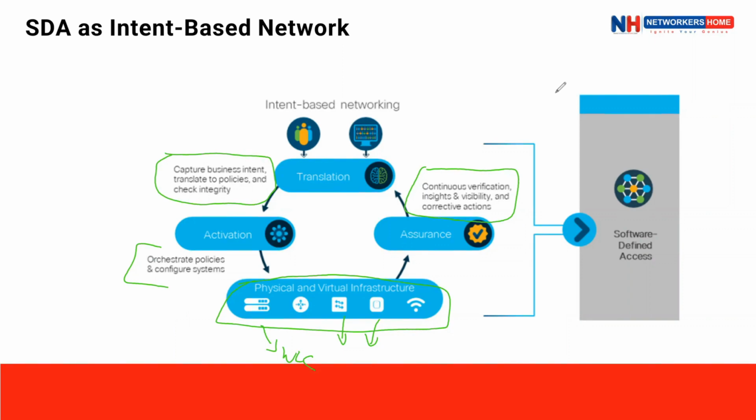Think of this from a network administrator's point of view rather than a customer's. The customer will not look into these things, but a network admin will, and in the SDA context, it will be related to identity.